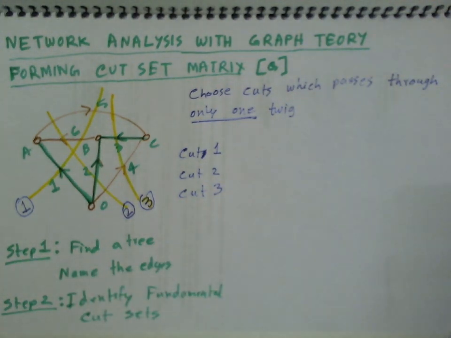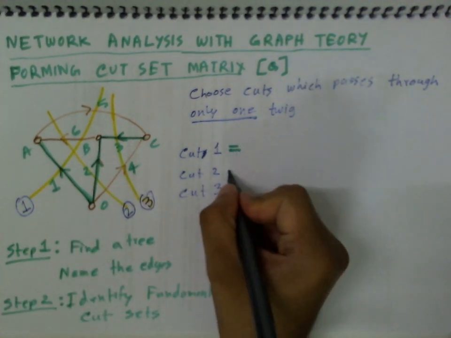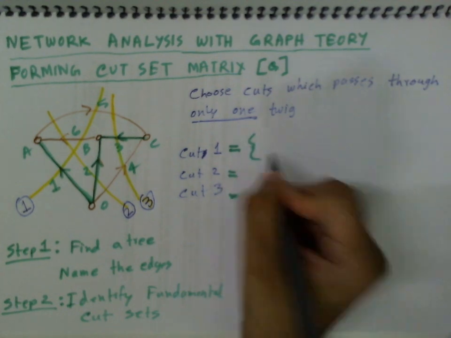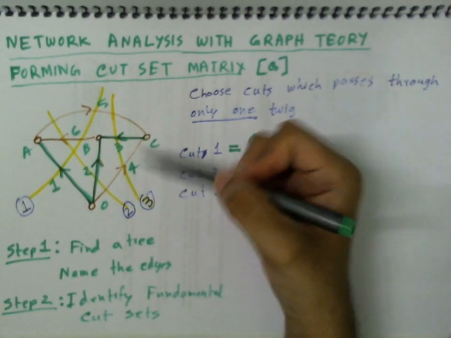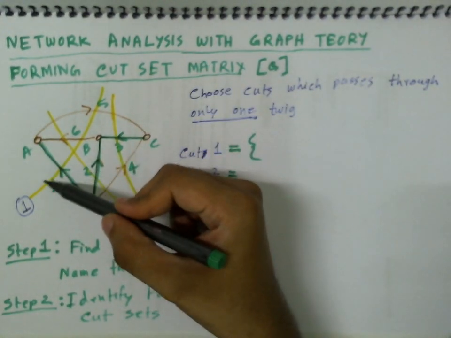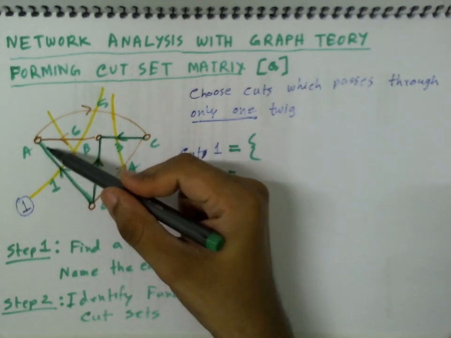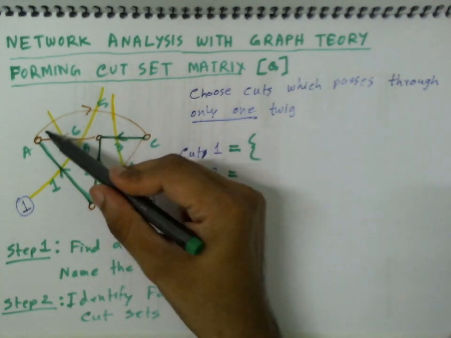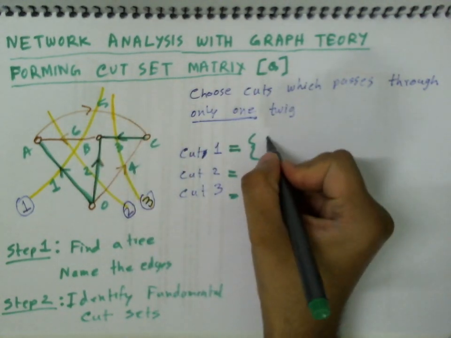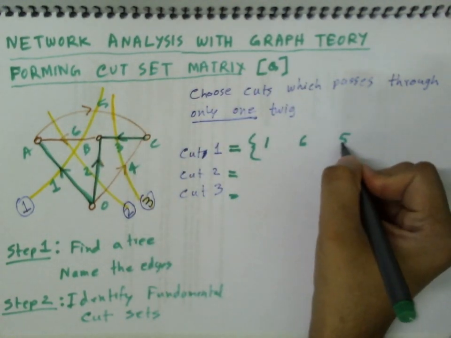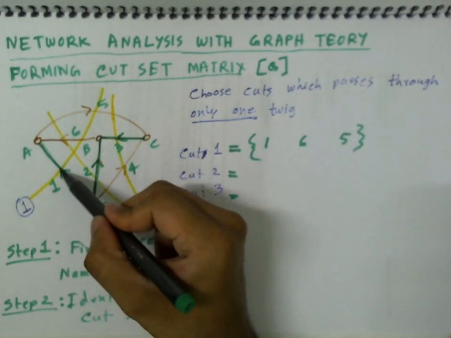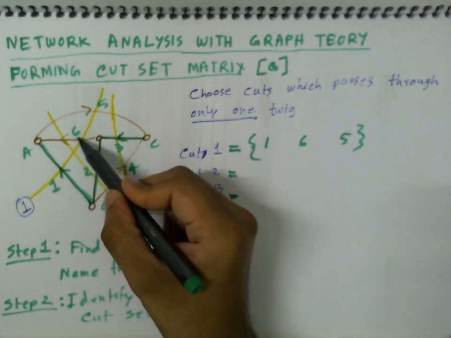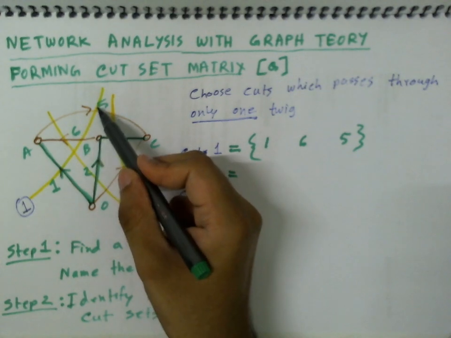Okay, now observe that cut 1 goes through edge 1, edge 6 and edge 5. 1, 6 and 5. So this goes through 1, then 6 and then 5.